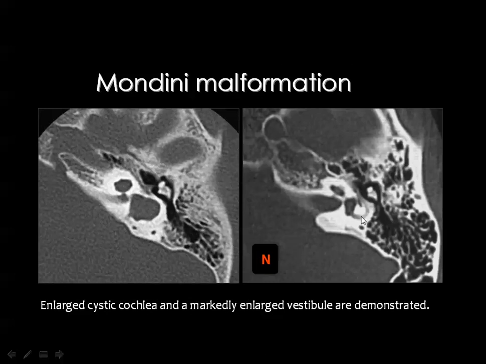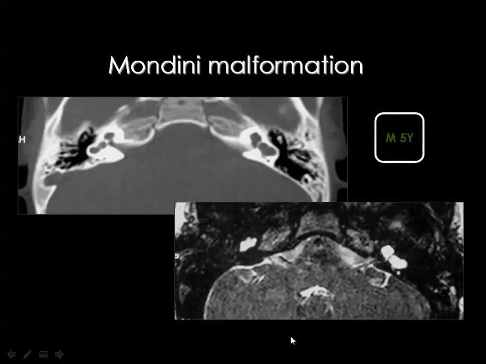Then this is the normal configuration of the vestibule, lateral semicircular canal, and the dome of the cochlea. But here you see that the vestibule and the lateral semicircular canal form a single cavity, and the dome of the cochlea is markedly dilated, and this is also diagnostic of Mondini anomaly.